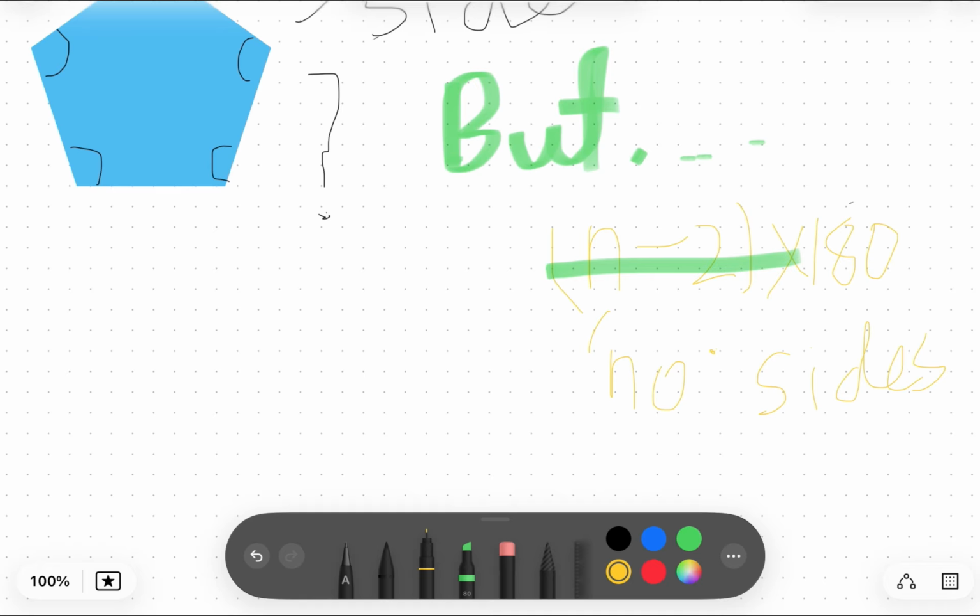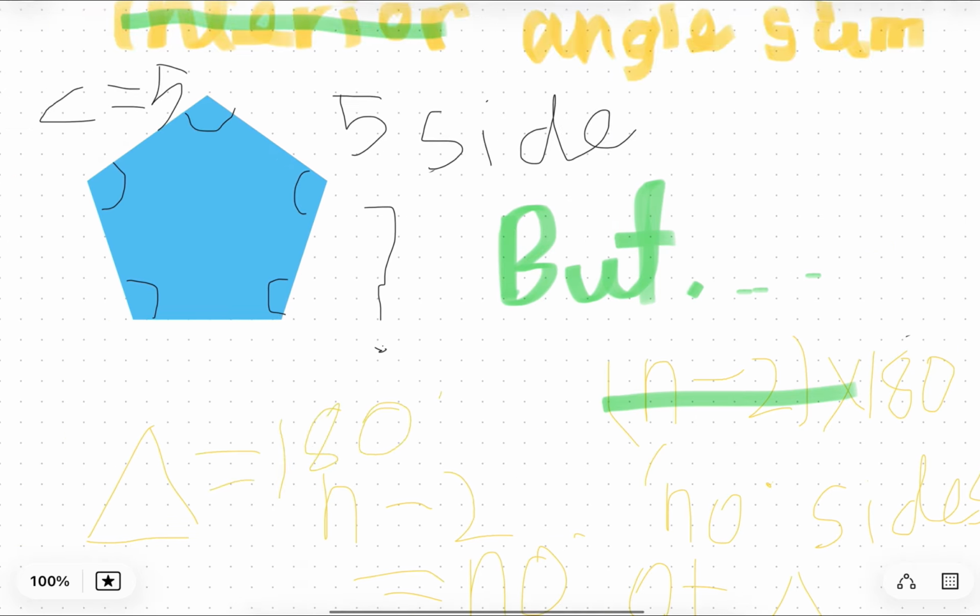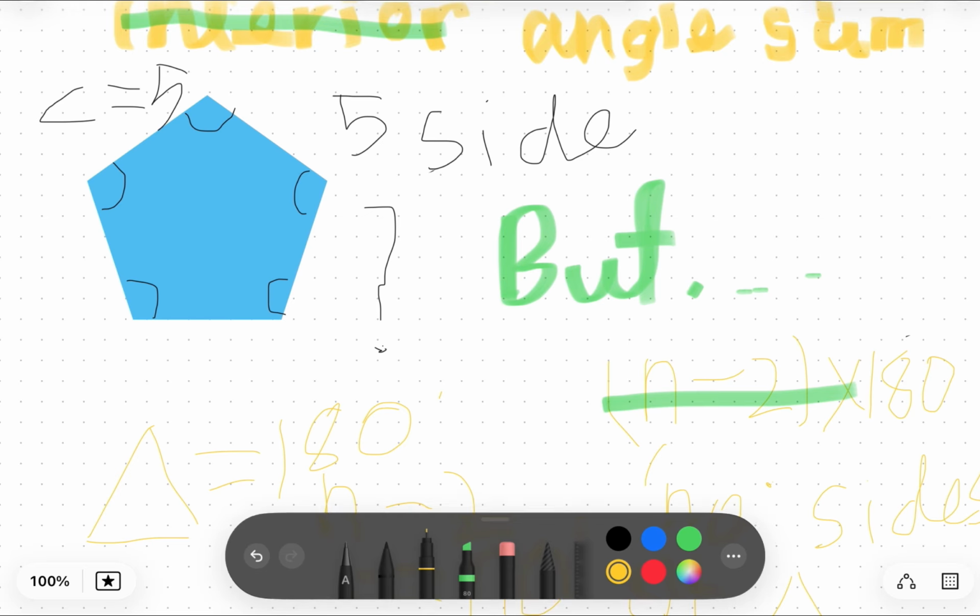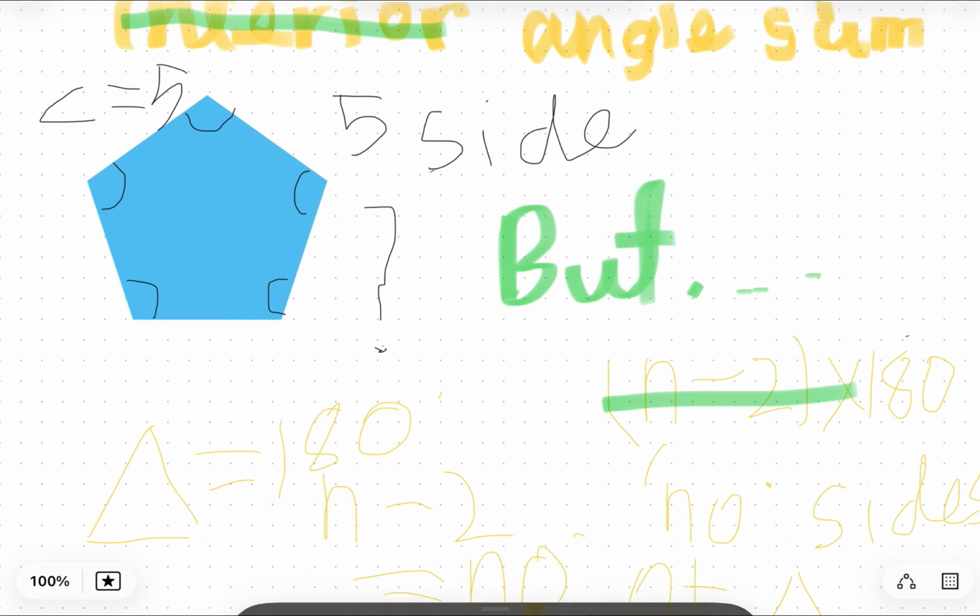So if we do n minus 2, that would give us the number of triangles. Right? Now a triangle's sum is 180 degrees. Over here, in this pentagon, we've got 5 sides. That's what we know.